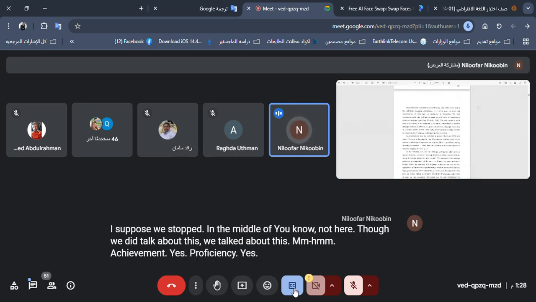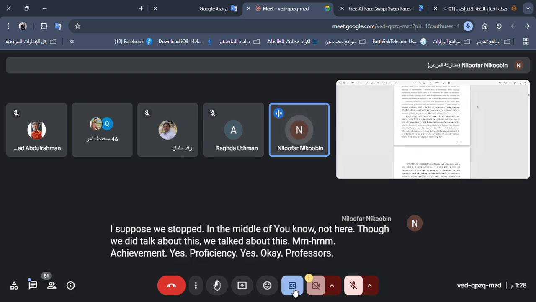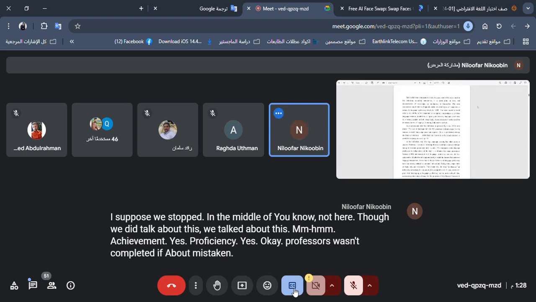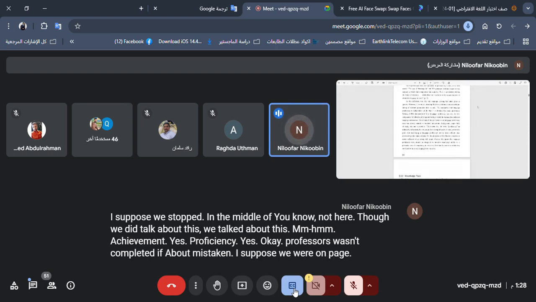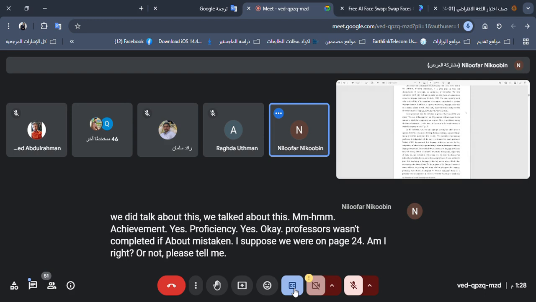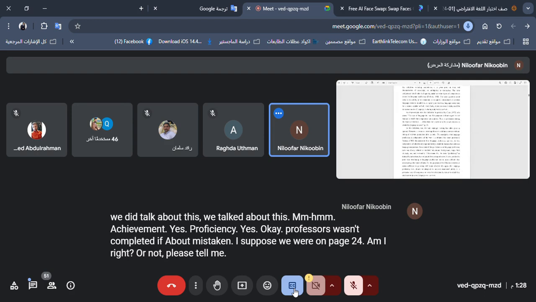Proficiency, yes. Proficiency wasn't completed, if I'm not mistaken. I suppose we were on page 24. Am I right or not? Please tell me. Did we stop on page 24?